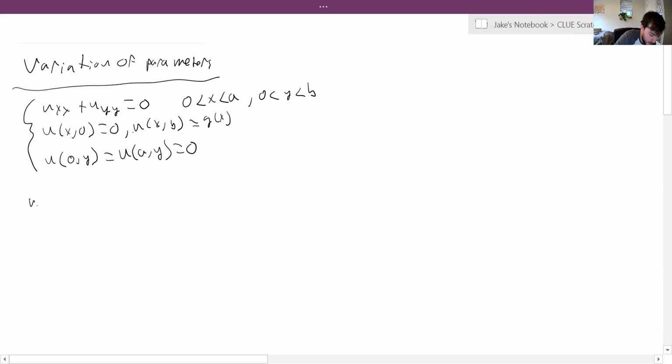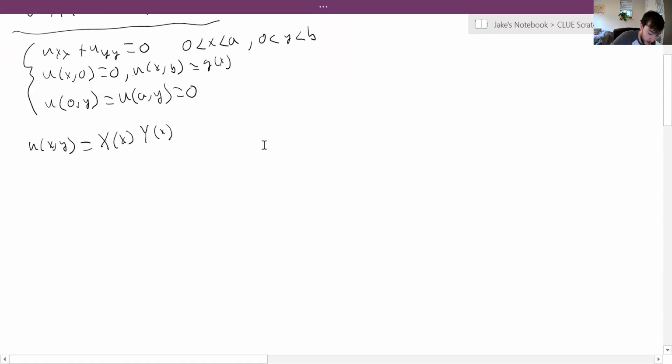So like I said, u is a function of x, y. This is the crucial thing in variation of parameters. As you probably have caught on to at this point, a big part of differential equations is making guesses. So basically what variation of parameters says is, for a problem like this, it is safe to assume, for lots of reasons that we don't need to get into, that this function will be some function of x times some function of y.